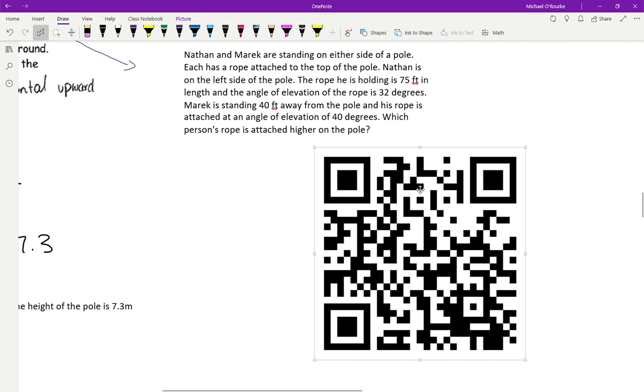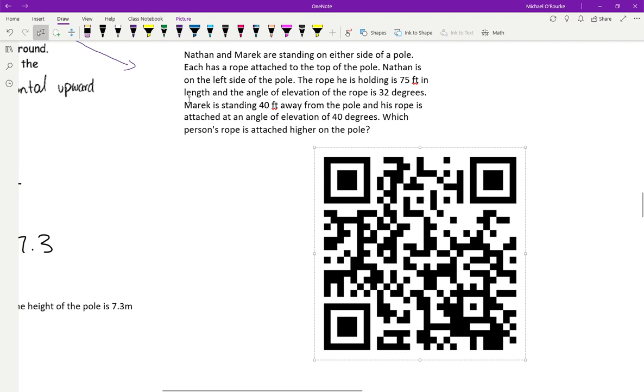So Nathan and Mark are standing on either side of a pole. Each has a rope attached to the top of the pole. Nathan is on the left side of the pole. The rope he's holding is 75 feet in length, and the angle of elevation of the rope is 32 degrees.